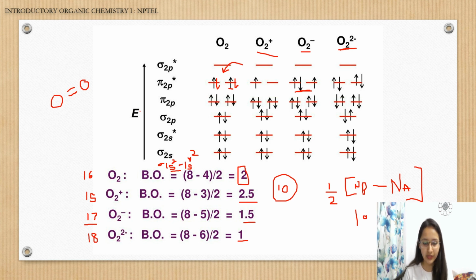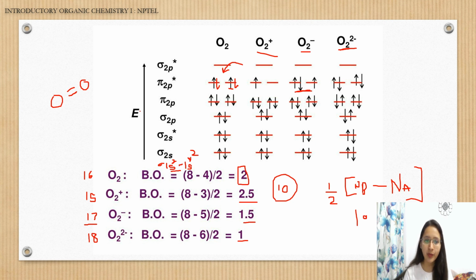Bond order. See, actually, I was thinking to elaborate in the next slide, but still, if you are asking, see what happens when you have to understand the bond order. It is actually dependent on the bond strength. Basically, how an atom is connected to another atom, how strong the bond is, is depicted by the bond order.